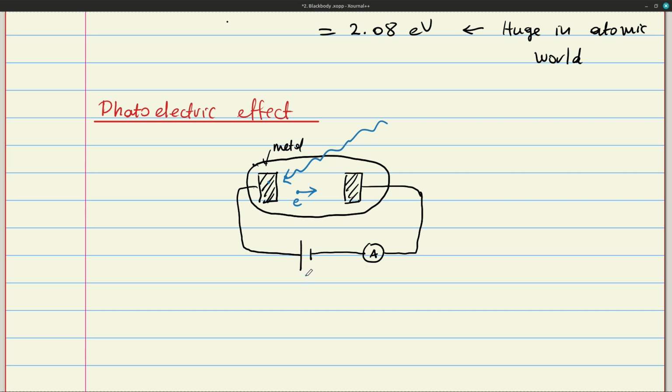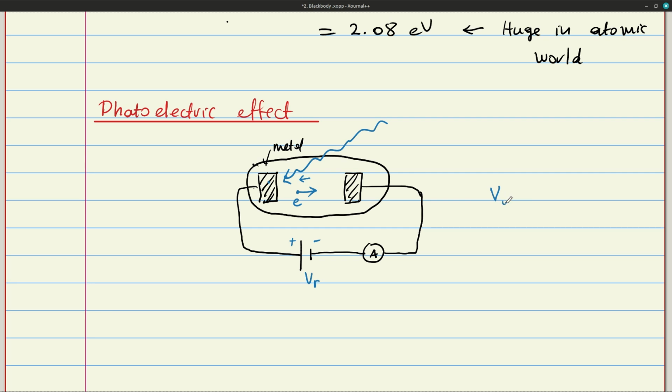For example, this is what we call a retardation potential, right? If you look at the pluses and minuses and think about it for a minute, if you increase the potential, that actually applies a force on electrons in the opposite direction. By increasing this retardation potential, you can actually stop the current, and from that you can do the reading of the stopping potential.